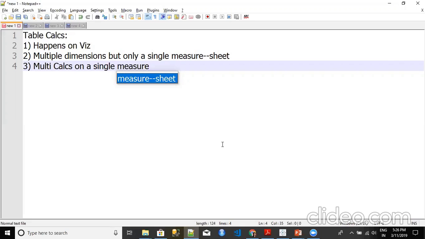But if we are looking for something like the YOY, the year-over-year growth in sales, this will happen on one sheet. And if you're looking for year-over-year growth on profit, that's going to happen on your second sheet.